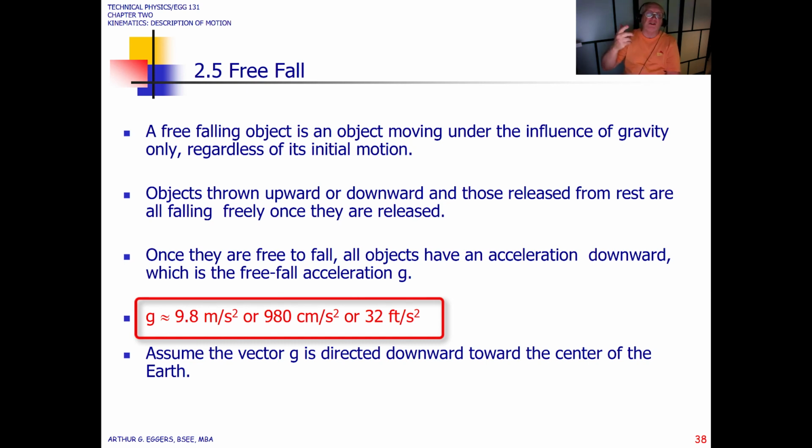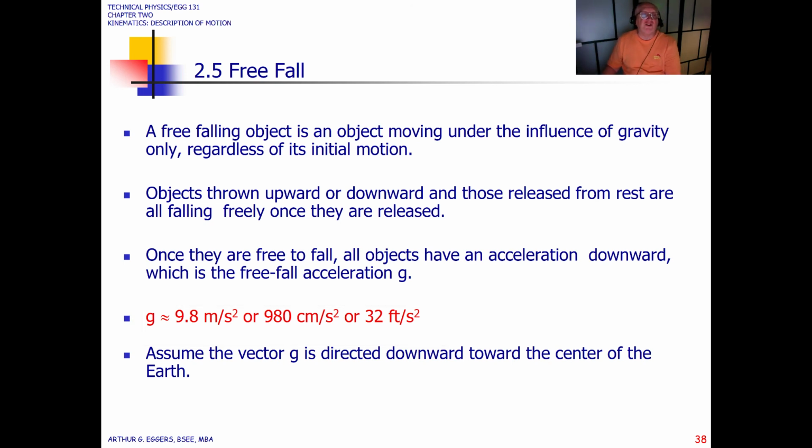Once the ball reaches its apex, it's going to stop and gravity is going to take over. Assume the vector g is directed downward toward the center of the earth, and this will help you to solve your problems. a equals g. a is typically an acceleration upward or an acceleration above and beyond gravity. g is gravity itself.